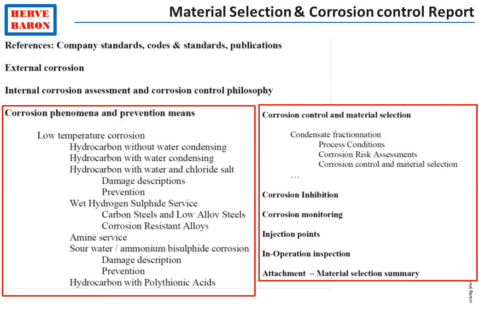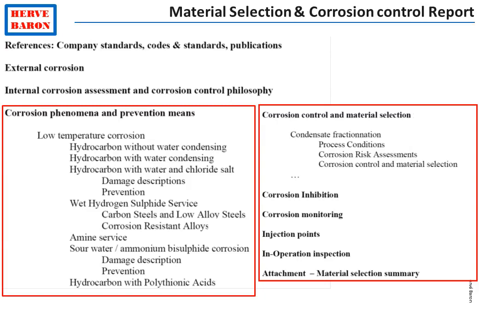A more comprehensive report is issued by the Material Selection and Corrosion discipline, which is called the Material Selection and Corrosion Control Report. This document has two parts. The first part lists all the corrosion phenomena, because there can be several different types of units, such as in a refinery or even an upstream facility, with different types of corrosion phenomena.